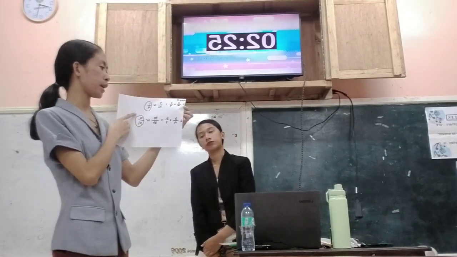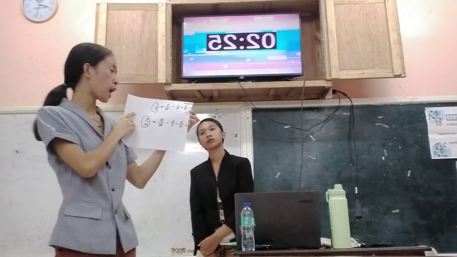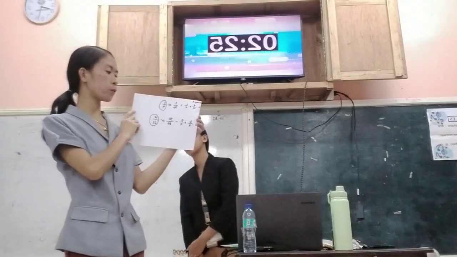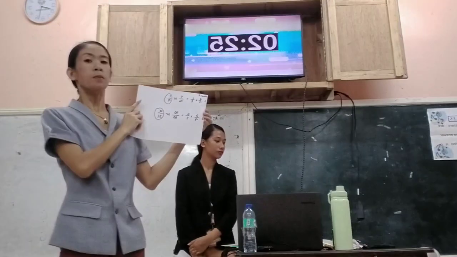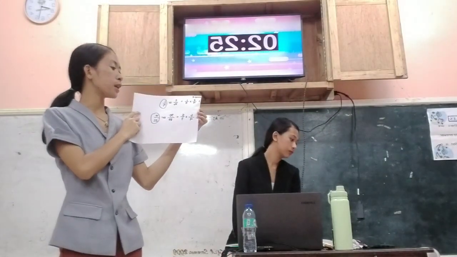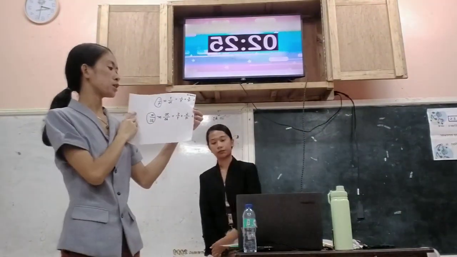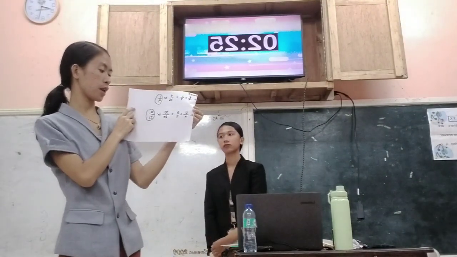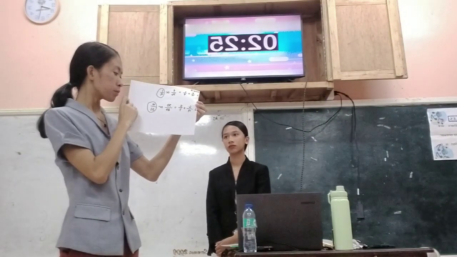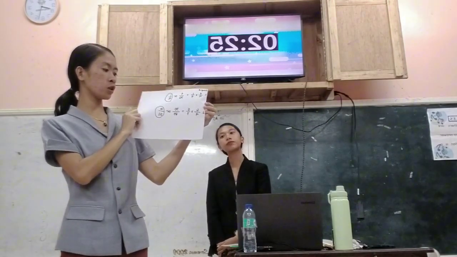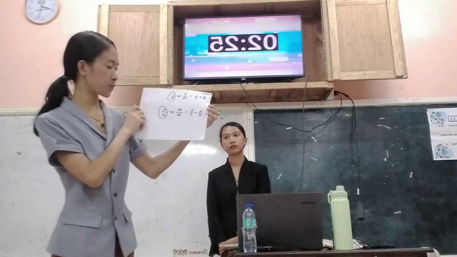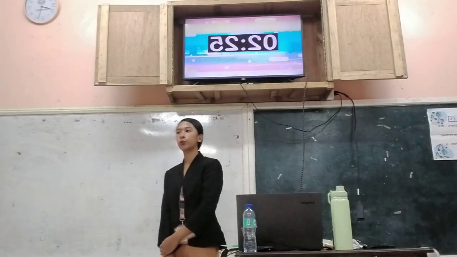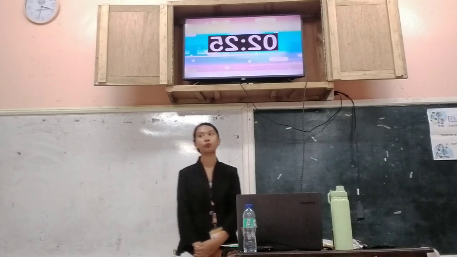We can simplify it. It will become 1 over 9. And for number 2, it is just a simple fraction. We'll just multiply the numerators and the denominators. 6 times 5 equals 30, and 9 times 7 equals 63. So, we will solve it into its lowest term. It will become 10 over 21. Okay, very good. Group 2. Group 1, please give 5 claps to group 2.